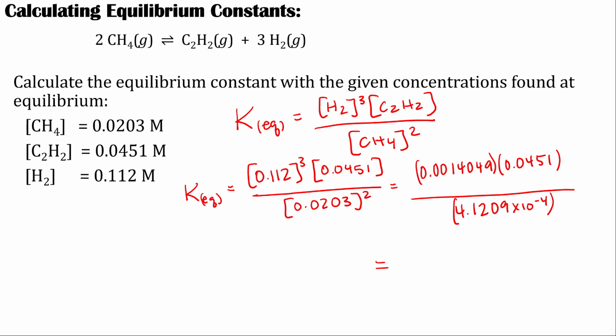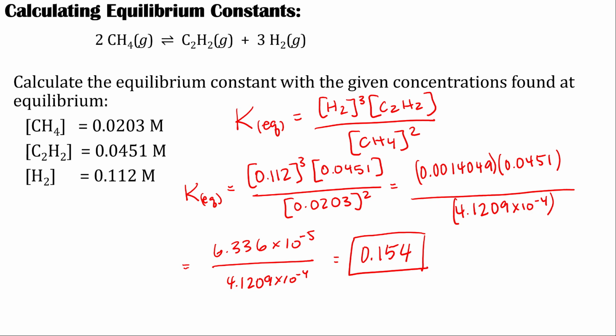And then I'm going to multiply the top and then divide by the bottom, and I get 0.154. And remember, K is unitless. It doesn't have any units.